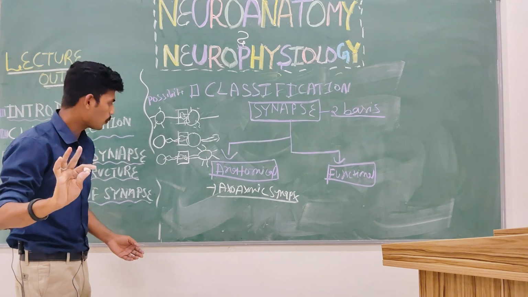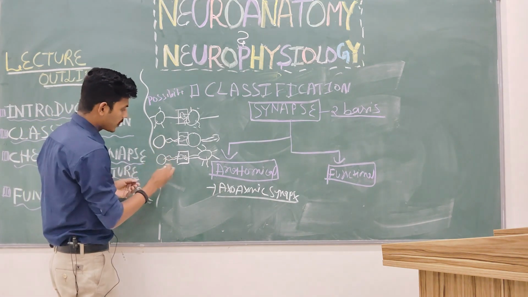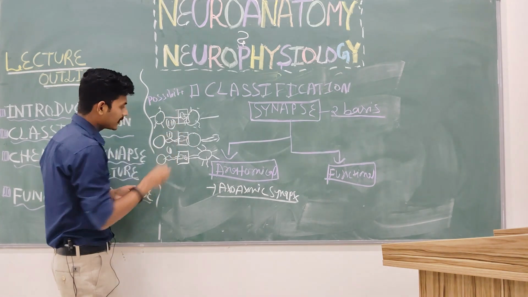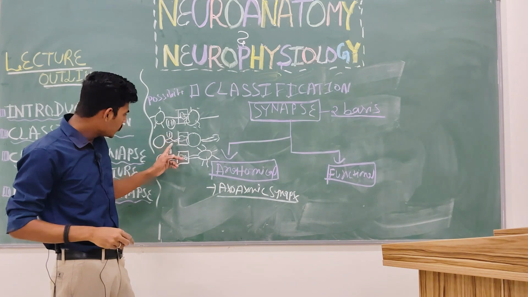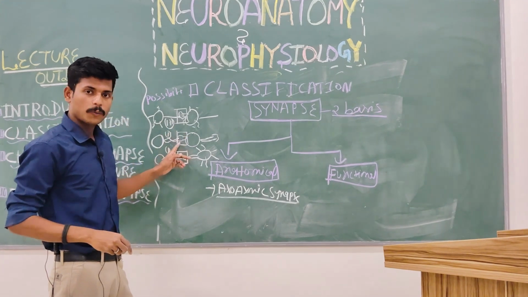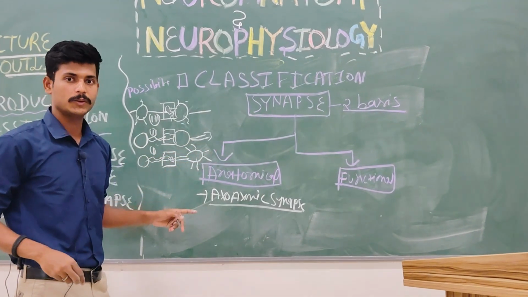Understood? Now, this is the first one, this is the second one, this is the third one. The other possibility is that one neuron's nerve ending, or we can say the axonal ending, rests directly on the cell body of another neuron.